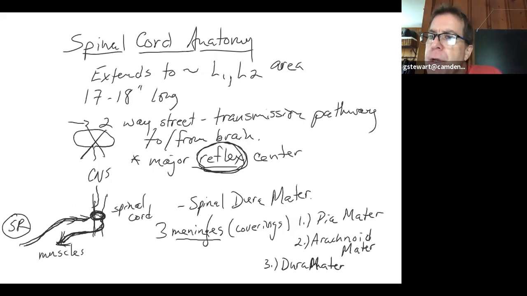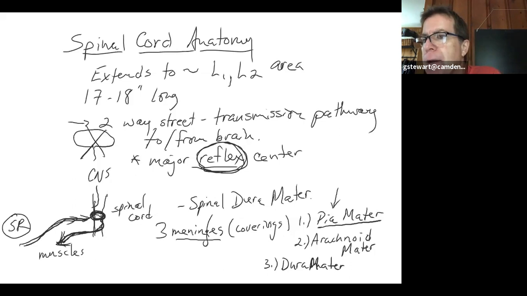These coverings: this one, the pia mater, is the first covering that covers the neural tissue, sits right on it. It's very thin and delicate and clear. If we were in person doing a lab and dissecting a brain, or a sheep brain sometimes in A&P class, you wouldn't even really see this. It's like super thin, clear plastic wrap over the brain tissue.